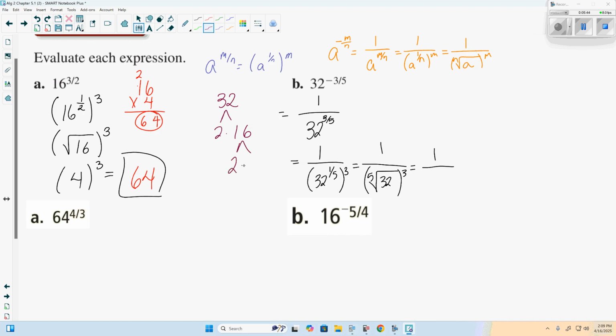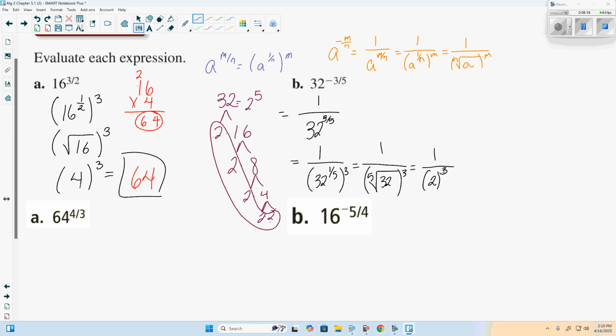Well, 16 is 2 times 8. 8 is 2 times 4, and 4 is 2 times 2. So our prime factors are 1, 2, 3, 4, 5, which is the same as 2 to the 5th. It gives us a way to see what times itself and take the radical of it, because 2 to the 5th is 32. So all that's telling us is that the 5th root of 32 is indeed 2.